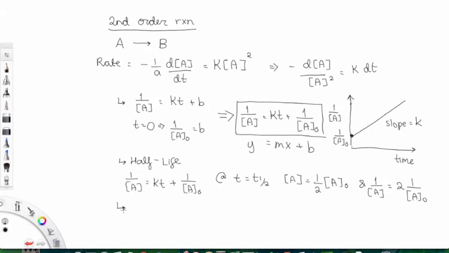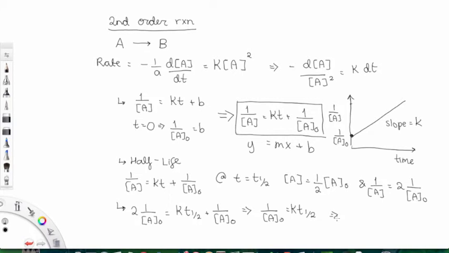From here, we can rewrite this equation as 2 over A0 equals kT 1/2 plus 1 over A0. And from here, 1 over A0 is kT 1/2.